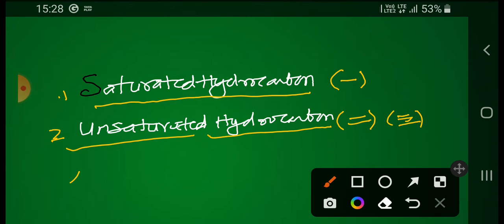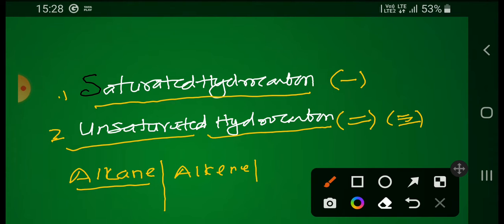Now, all the members of the alkane family are examples of saturated hydrocarbon, and the members of the alkene and alkyne family are unsaturated hydrocarbon.